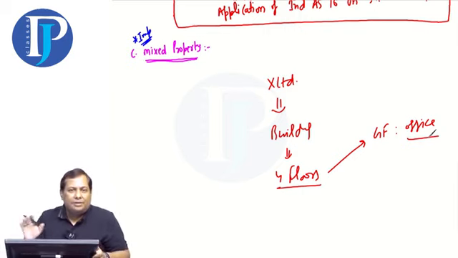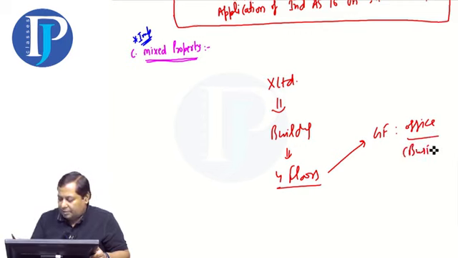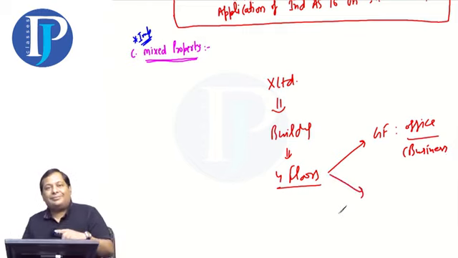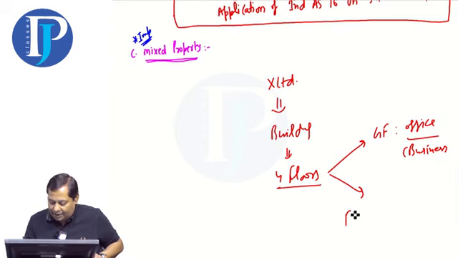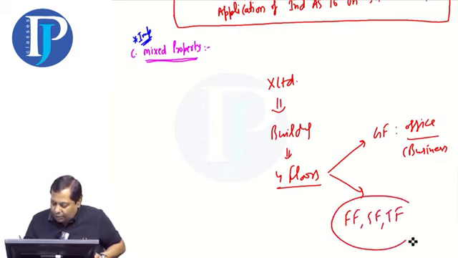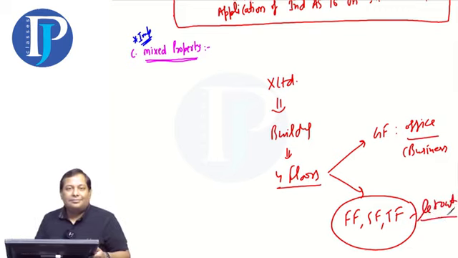Their employees and staff sit here and run the business. And the remaining 3 floors, first floor, second floor, third floor, they have let out all these 3 floors. Okay? Don't you understand what I'm saying?